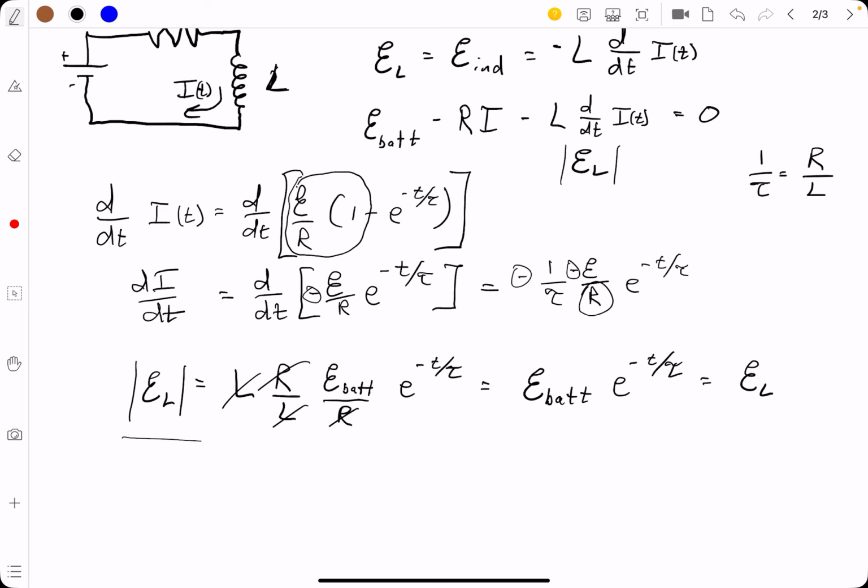Now, why do you want to just take the absolute value? Because you don't want to deal with all the minus signs. I think we actually have 3 minus signs in there altogether.